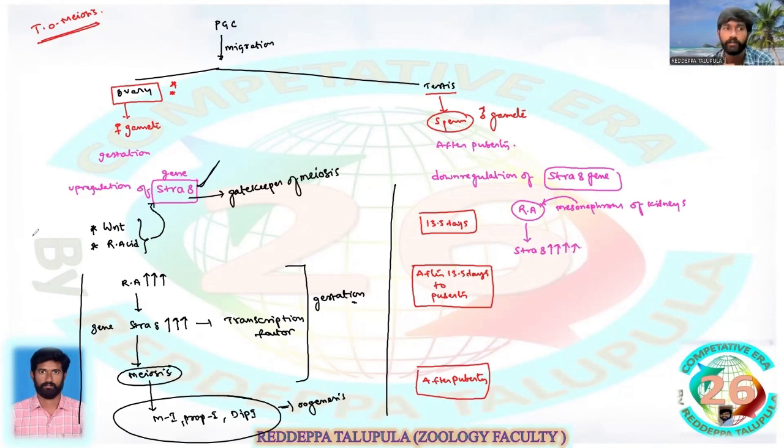But the difference here is that there is one protein called Cyp26B1, an enzyme that inhibits the conversion of retinoic acid into STRA8. Because of this protein, the conversion is blocked, causing the arrest of meiosis until 13.5 days.